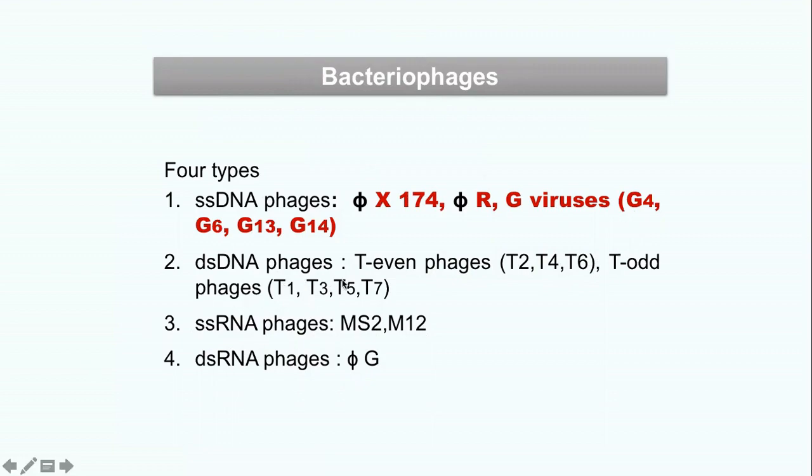Double-stranded DNA phages include the T-even phages and the T-odd phages. Single-stranded RNA phages include the MS2 and M12, and a double-stranded RNA phage example is φ6. So this is based on the type of nucleic acid and the structure of the nucleic acid present within the bacteriophages.